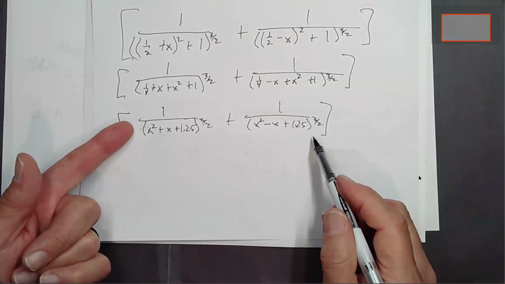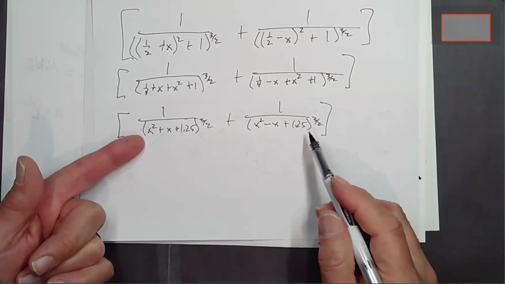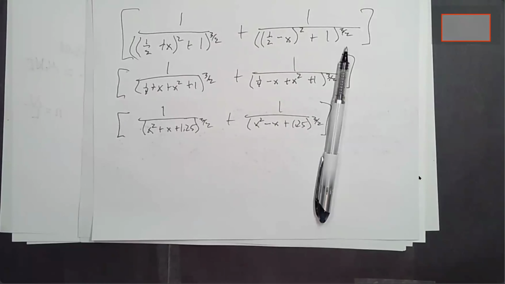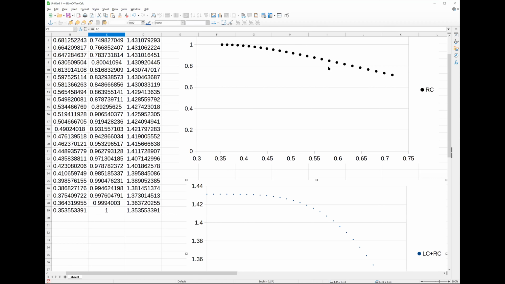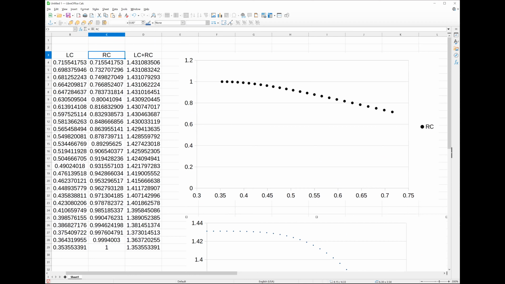And this isn't so bad anymore, although they're kind of scary. But I'm going to switch my view over to the spreadsheet that I put this in. Over here, I've got a column for the left coil.